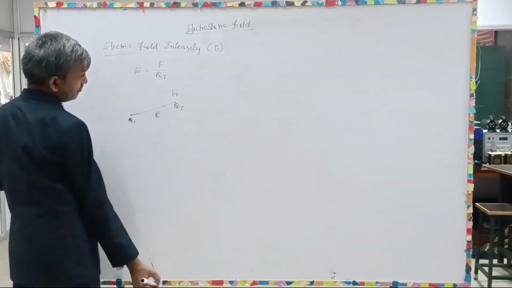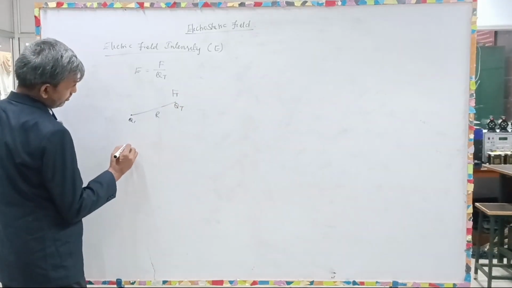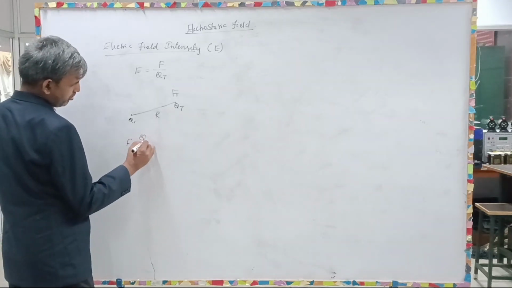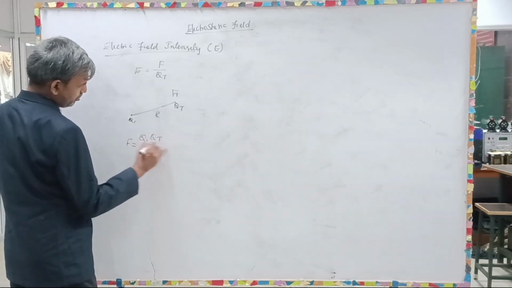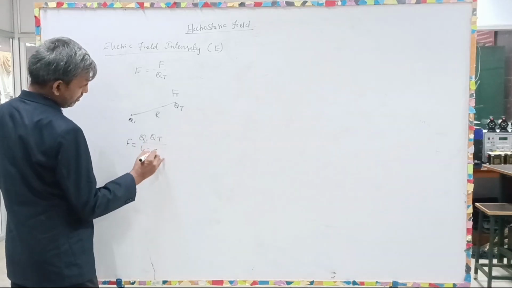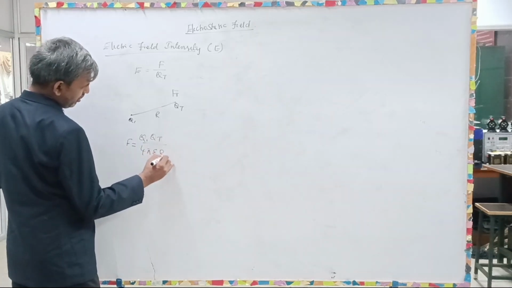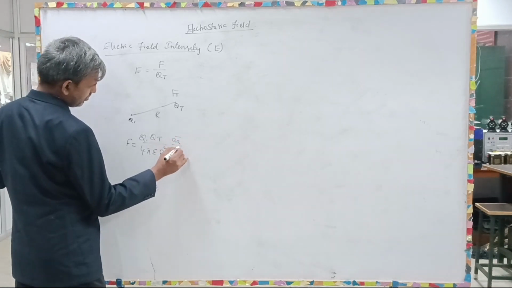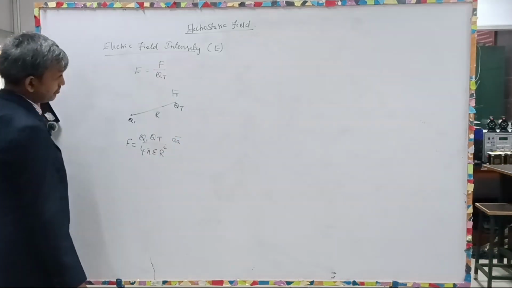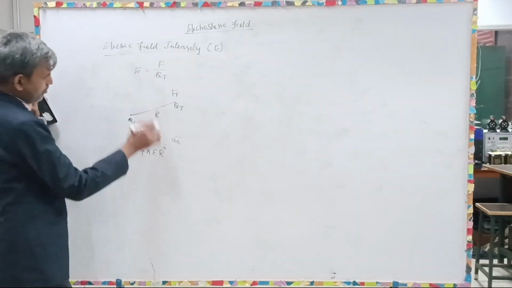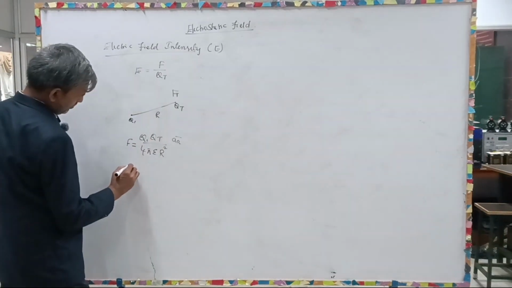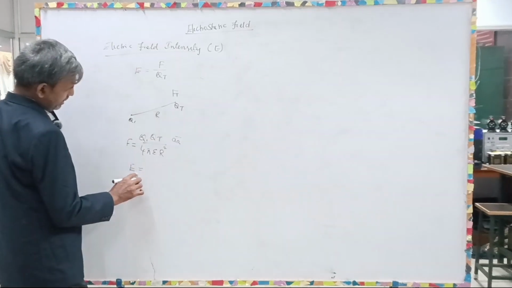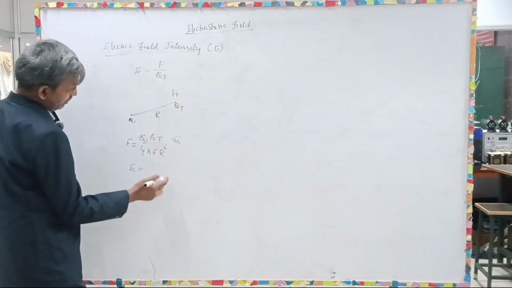Already we know the force, as per Coulomb's law, is Q1 Qt divided by 4 pi epsilon into R squared along the unit vector AR. Now from this we find the electric field intensity. E is equal to force per unit charge.